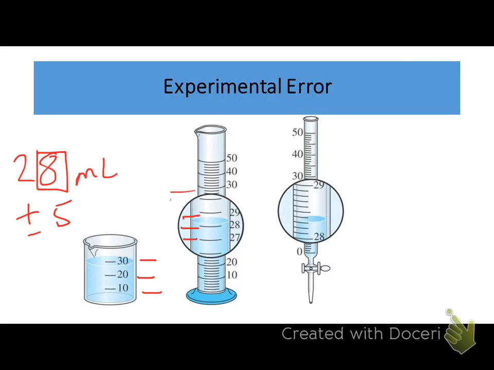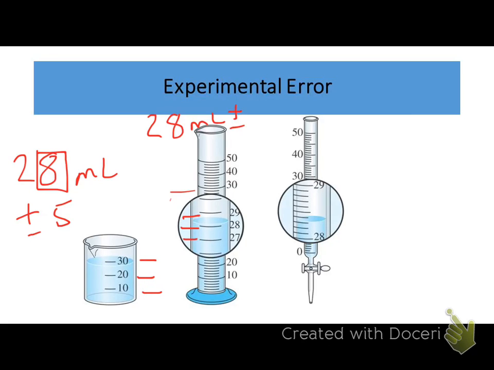Okay, so we're going up by ones here. So what I do know then is the 28. That's a for certain thing. So I'm going to go ahead and write 28 here. Milliliters, plus or minus. Now, since my smallest hash mark is going up by ones, what's half of 1?